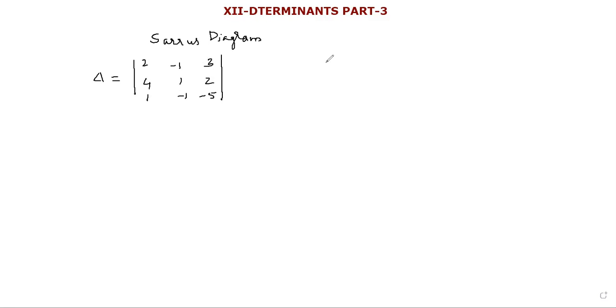What we will do, on the right hand side in our rough side, we have to write the columns: 2 4 1, minus 1 1 minus 1, and the third column is 3 2 minus 5.